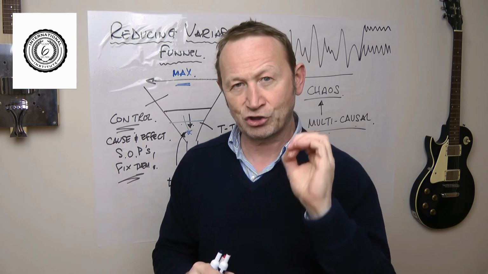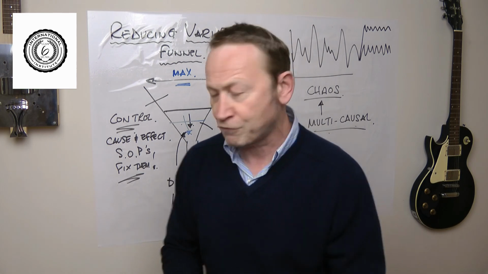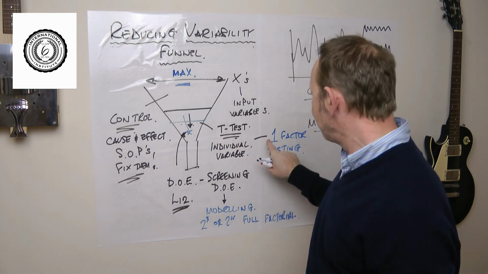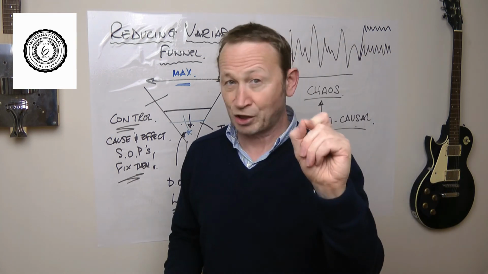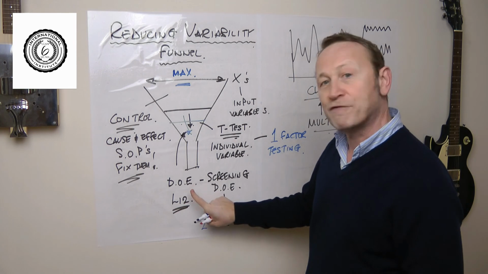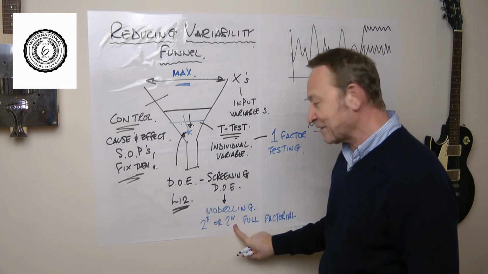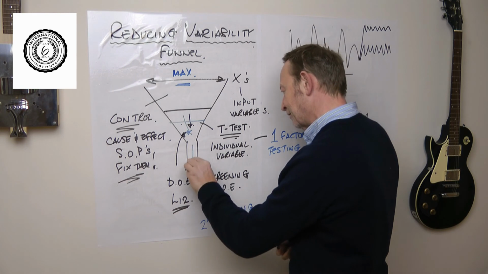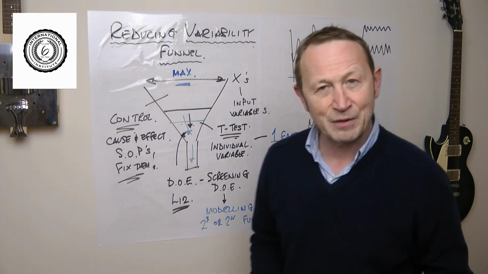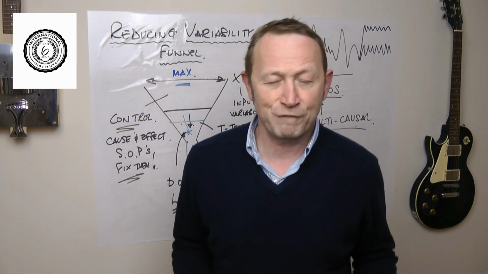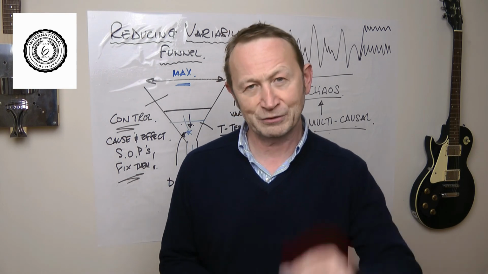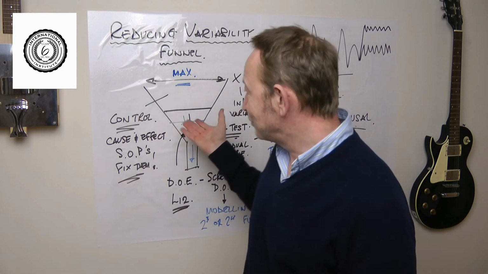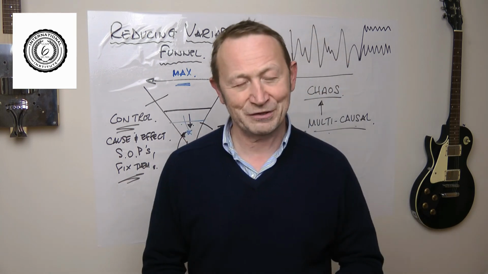Then in a nice, controlled, noise-free environment, you can see the signals either from one-factor tests, which I wouldn't recommend, or from screening DOEs and modelling DOEs, and eventually you get the solution, you pop out the bottom there, and you're just left with 3 or 4 absolutely crucial variables that you are controlling. That is how to use DOE and hypothesis testing.